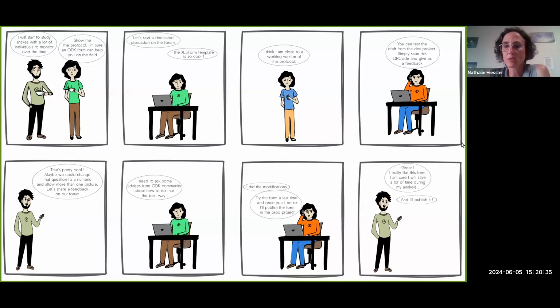Pretest is just we send a QR code of the form on the dev project, and they scan it and try it. Most of the time in the office the first time, and then sometimes on the field. And each time we need to test, we do it like that.